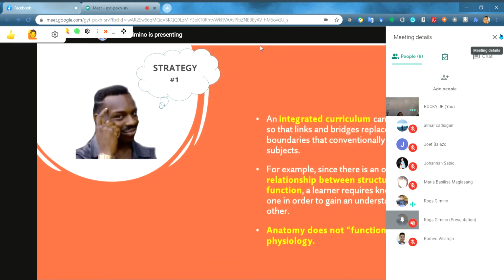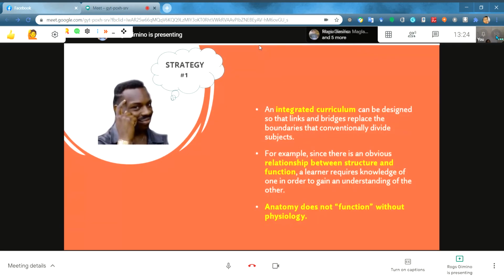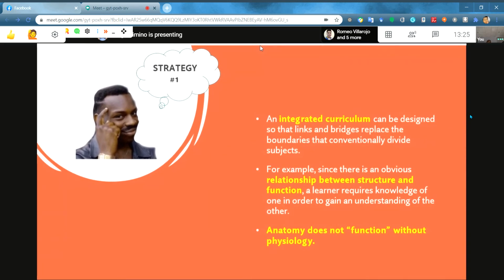In an integrated curriculum, one side of the basic sciences is needed in order to proceed and to heighten our knowledge about the other subject. So anatomy and physiology always need to be integrated. Since we are PTs, we can't just always study anatomy. So physiologic processes should be included so we know the functions.